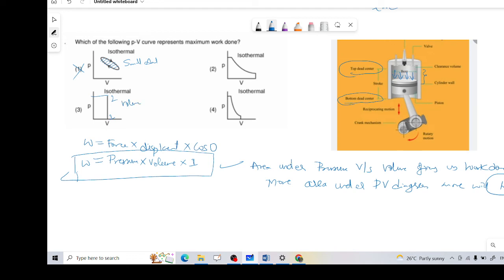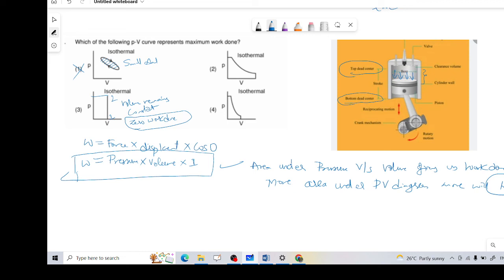The volume remains constant, meaning pressure is applied on this piston, but the piston is not making any movement. If there is no displacement, then we are producing zero work done. To do work, there must be some displacement. So we are doing zero work in this case.